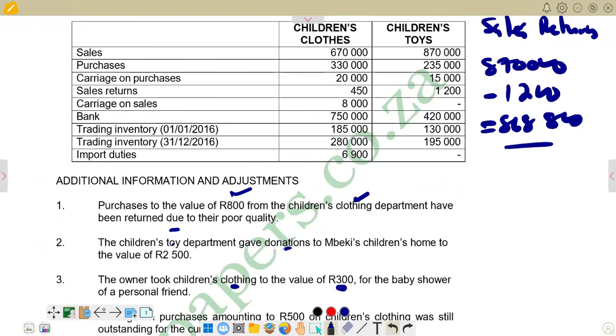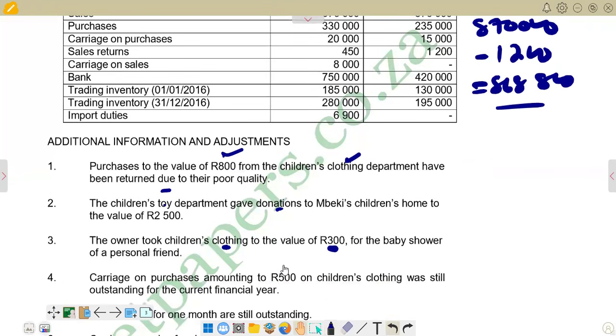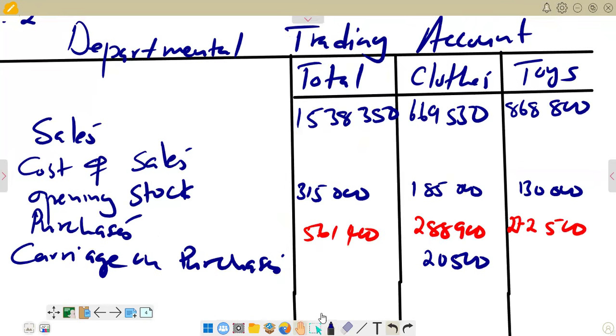I would see that carriage on purchases is 20,000, so we add the 500 that is still outstanding, then we get 20,500. Right, and then we have the other one which is 15,000 for toys. So this is what we have. Then 20,500 plus 15,000, we're going to get 35,500 is our total. Then after that, we also have the input duties, remember, in the question.